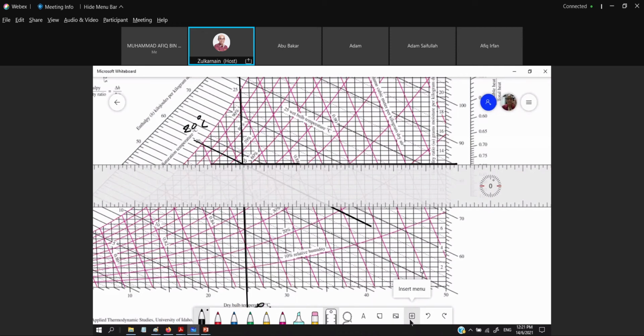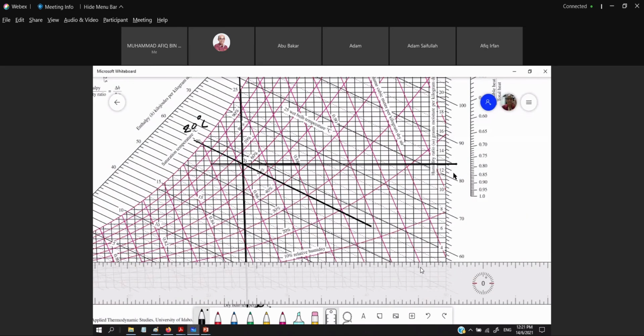So there is the omega value. It should be about 12. This is 12, this is 14. 12 is 12.5.